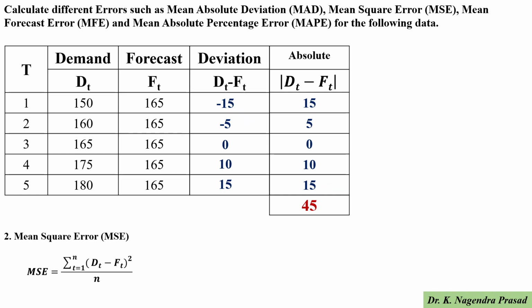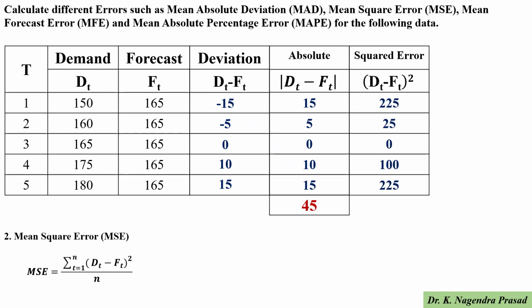Next we will calculate the mean square error, MSE. We know that MSE equals the summation of t equal to 1 to n of dt minus ft whole square, divided by small n. Here we know the dt minus ft values for each time period. Then we have to determine the squared error, dt minus ft whole square.